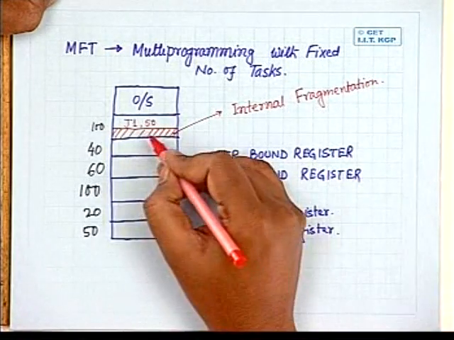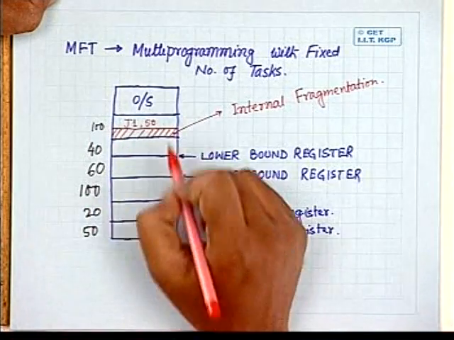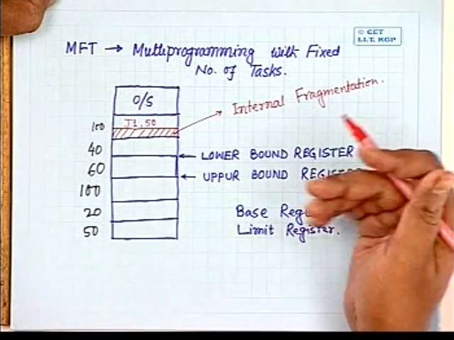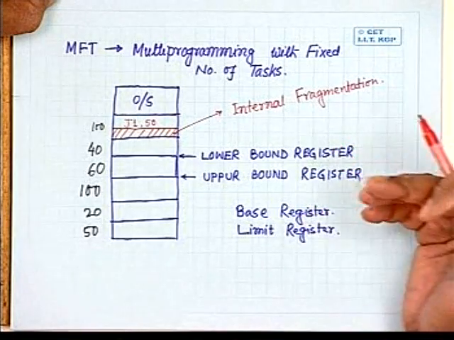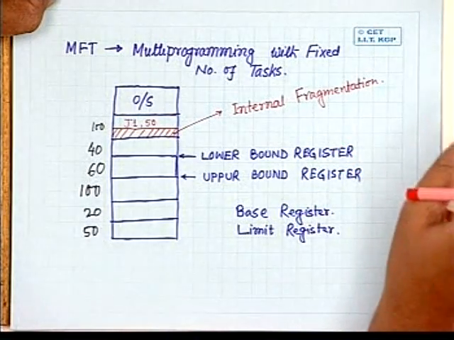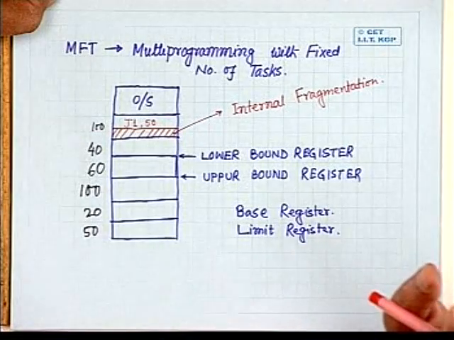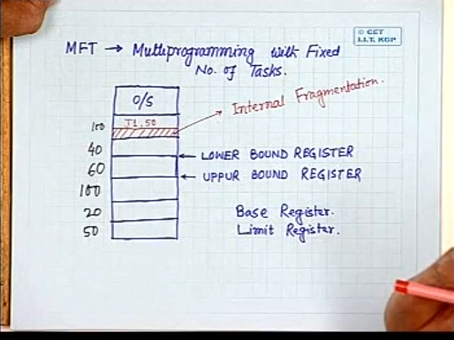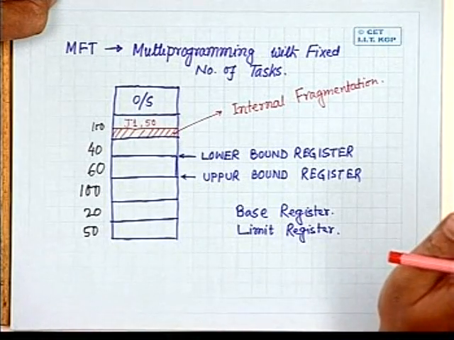And this 100 kilobyte partition we have allocated to job 1 based on an algorithm that whenever the first partition whose size is greater than or equal to the required size of the job is available, allocate that partition to the job. Which, as I said, is called the first fit algorithm.